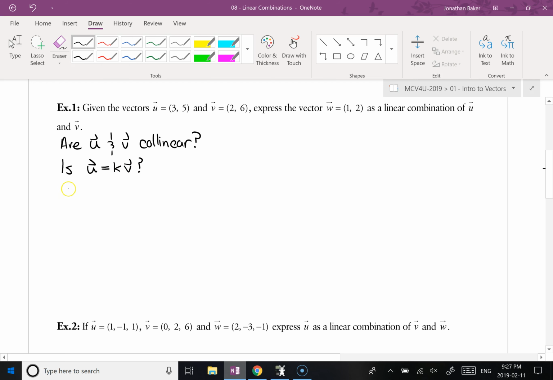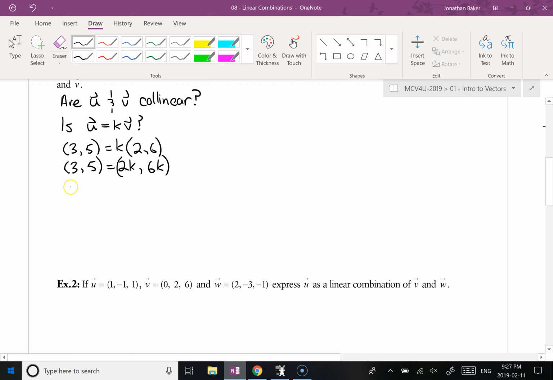Well, we could use an equation. We can create a vector equation here, where we'll have u, 3, 5, and we'll set that equal to k times 2, 6. So really what we have here is two equations, because we have x values and y values. 3 is supposed to be equal to k times 2, and 5 is supposed to be equal to k times 6, because 3, 5 is equal to 2 times k, 6 times k.